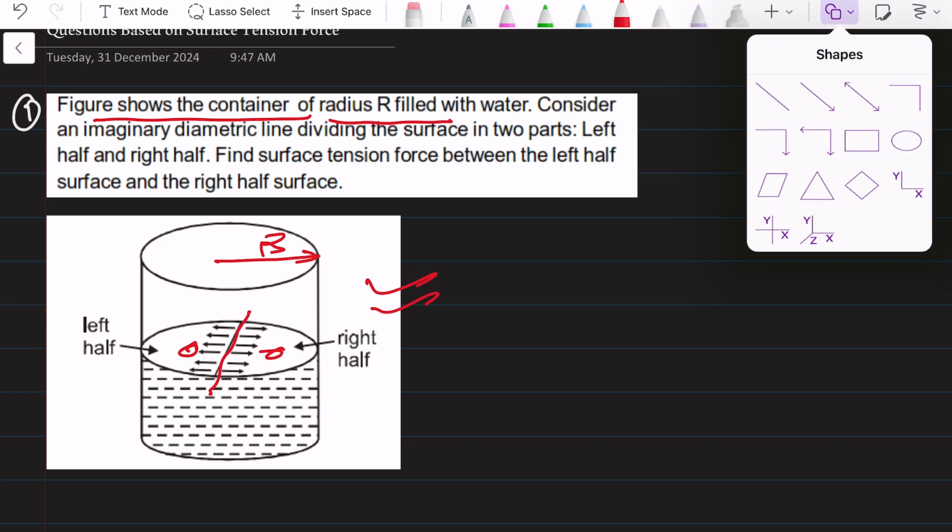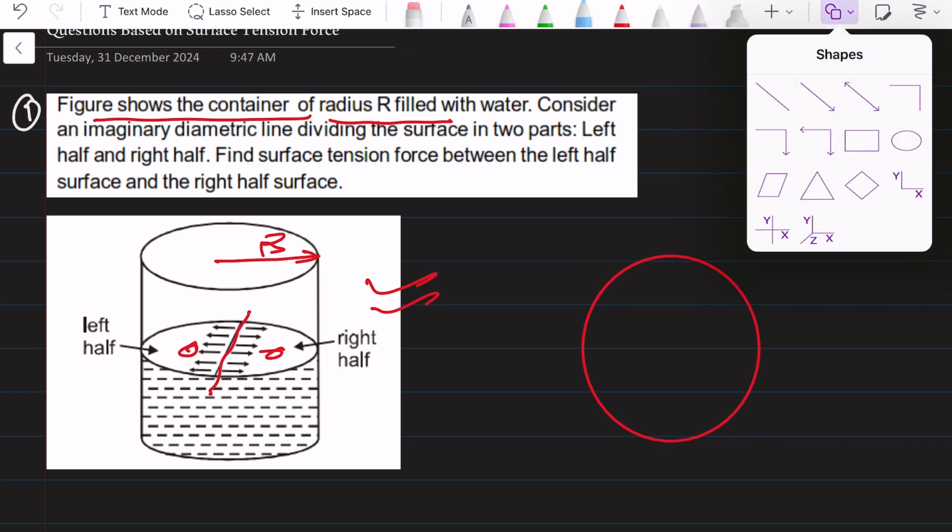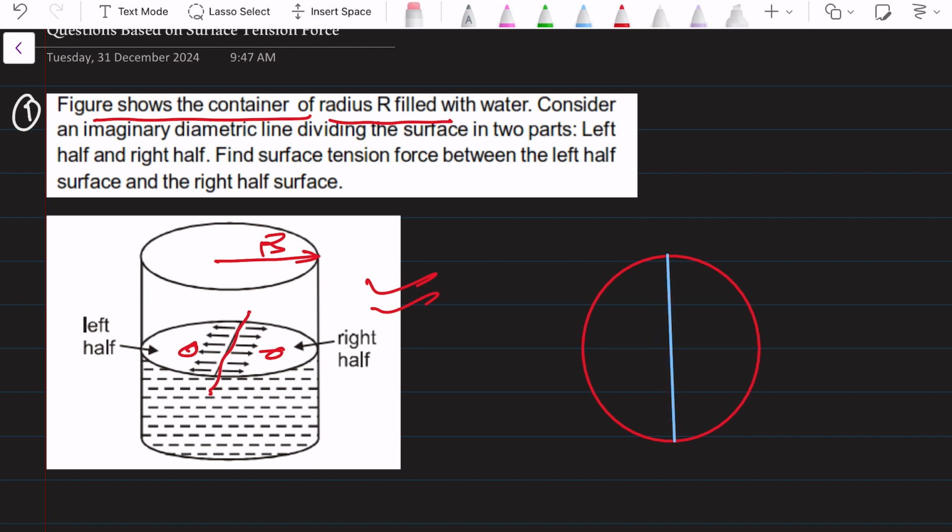It is something you can say the situation is like, this is the surface and this is the diameter line. Now along this line, how the force will act, left half will pull the right half in this direction with a force given by S into length of this line, and this length of this line is nothing but equal to 2r, so S into 2r.